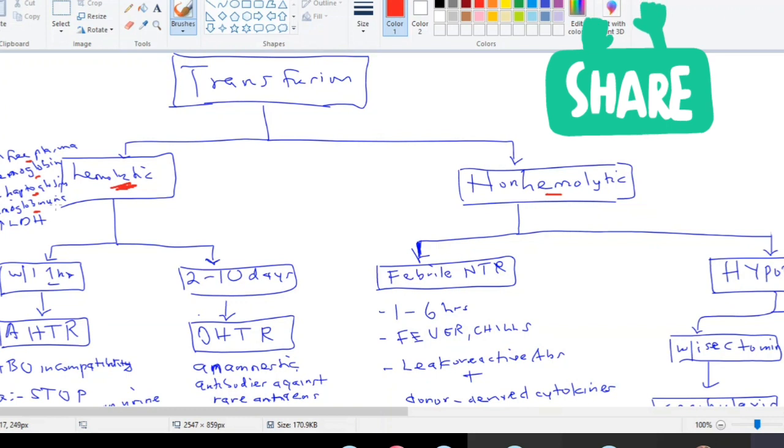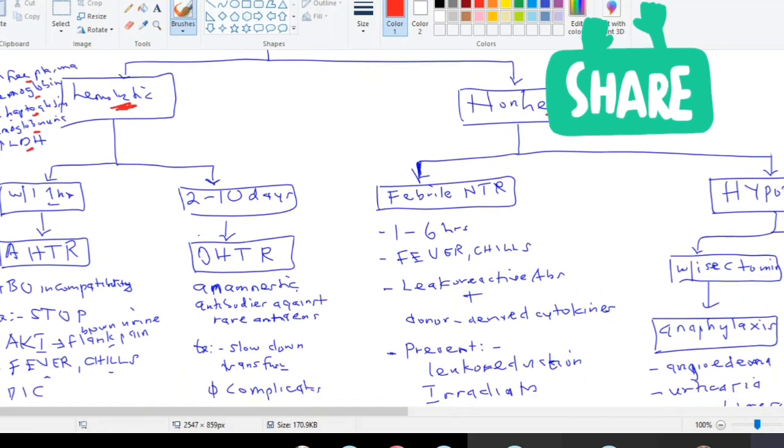Hemoglobin will be filtered by the kidneys into the urine, so their urine will turn red or pinkish in color, and they will have hemoglobinuria. There will also be increased LDH, because LDH is normally within red blood cells. If there's increased hemolysis, LDH will be released into the blood. So once you see this evidence of intravascular hemolysis in a patient undergoing transfusion, we are thinking hemolytic transfusion reaction.